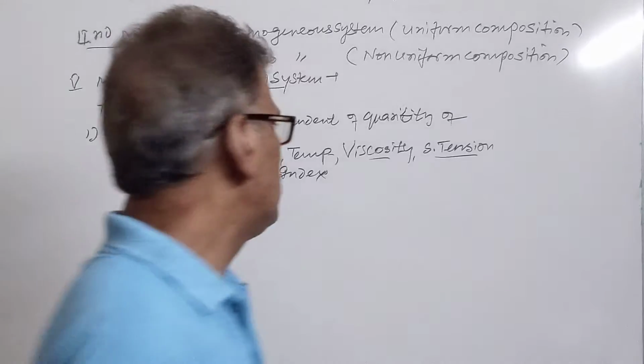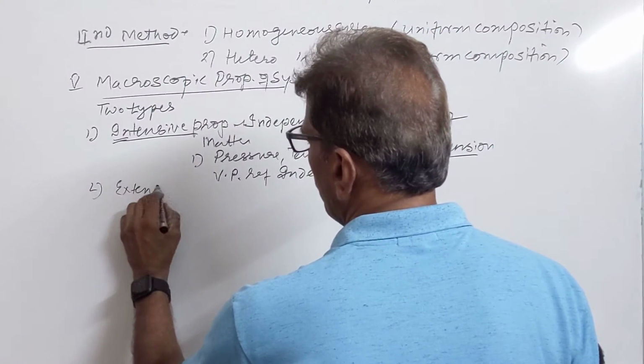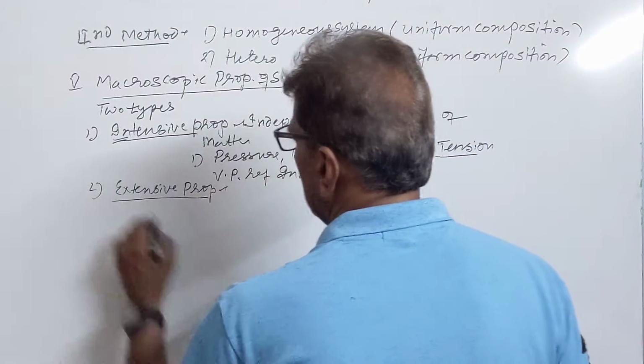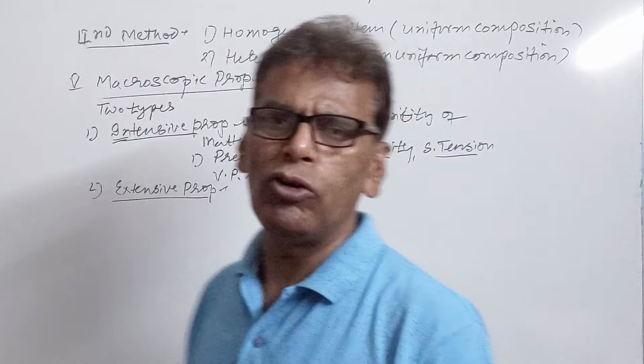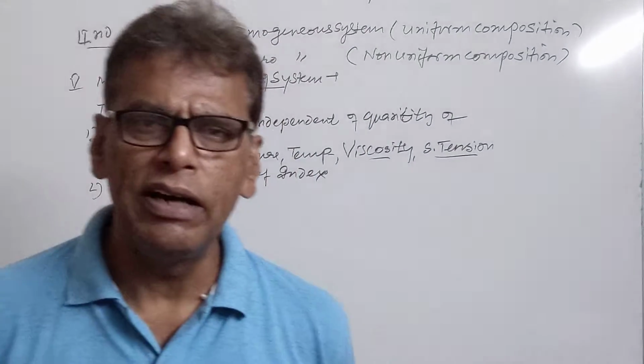Then we have extensive properties. These are the properties of a macroscopic system which depend upon the quantity of matter contained in the system.